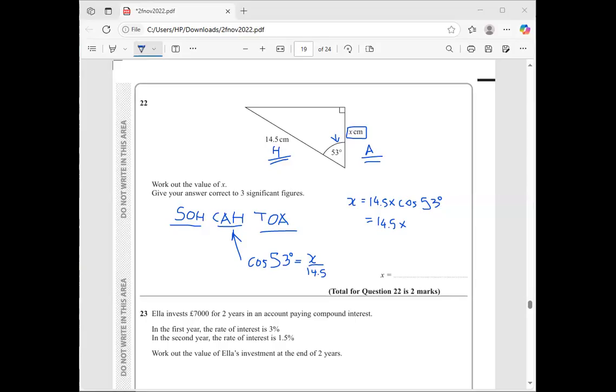Okay, so Google says this is the correct value. Cos 53 is minus 0.9183. Actually, 0.9182, blah, blah, blah. So I'm taking it to 4 decimal places rather: minus 0.9183.